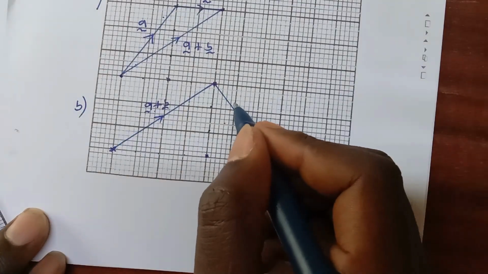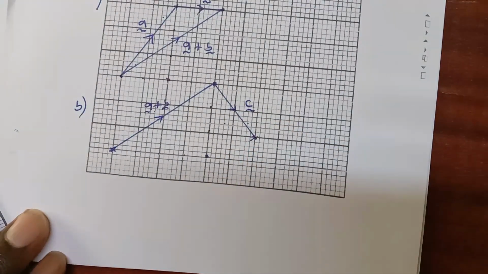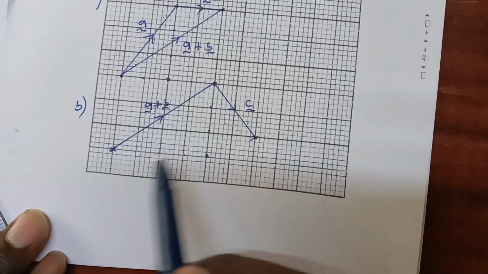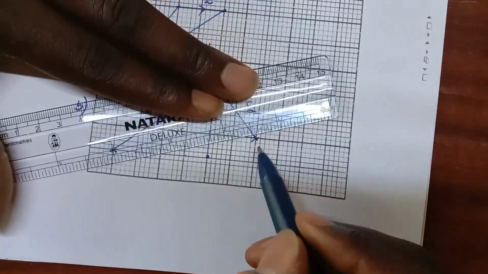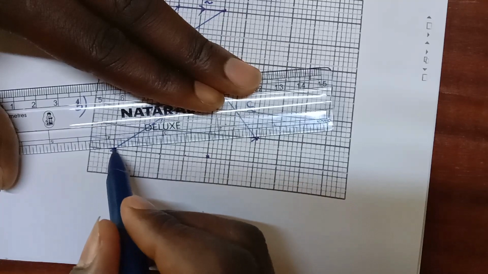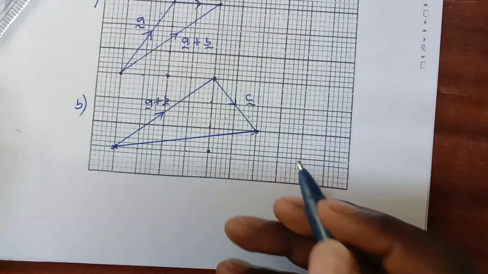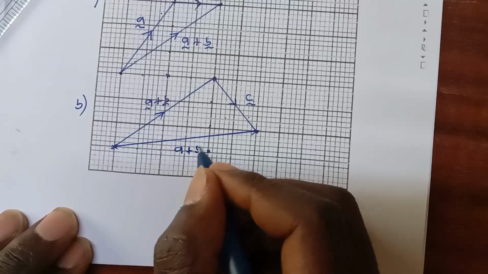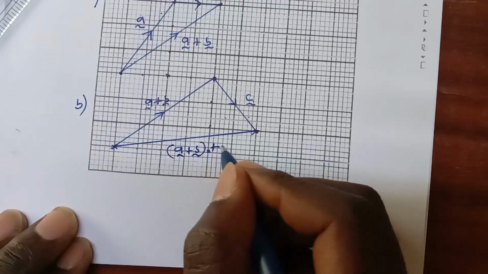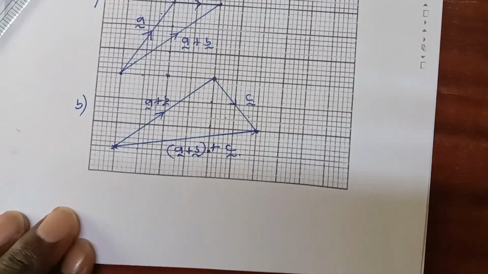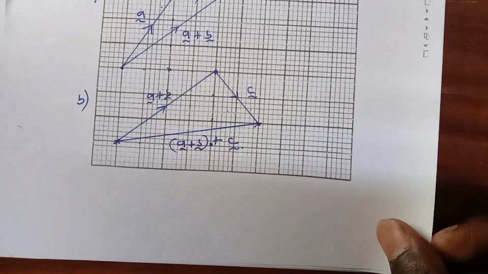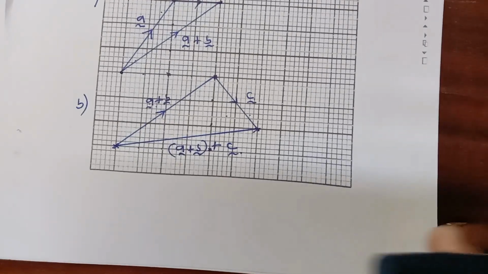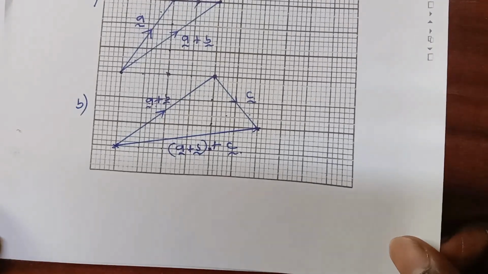So our vector A plus B plus C is going to be this particular vector here. So this is our vector (A plus B) plus C. We denote it using vectors like that. So that's how that particular question 12 was supposed to be handled. It was having a maximum of 4 marks.